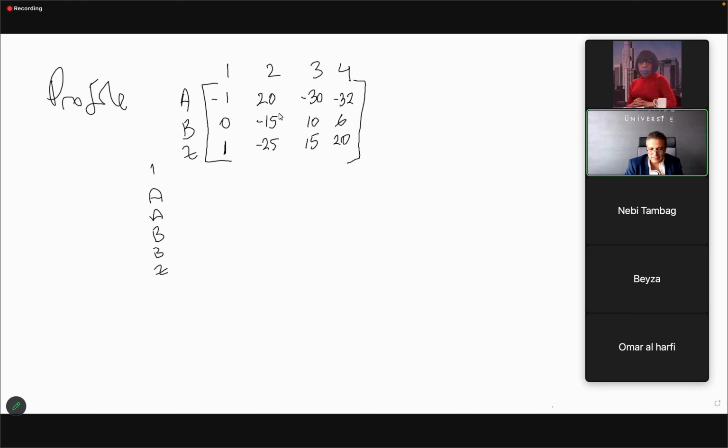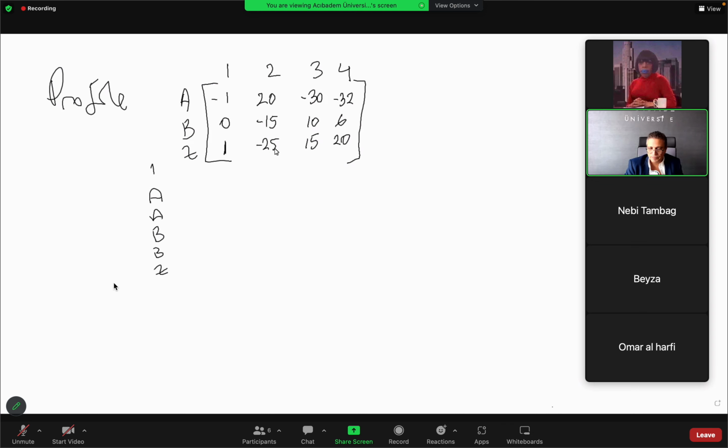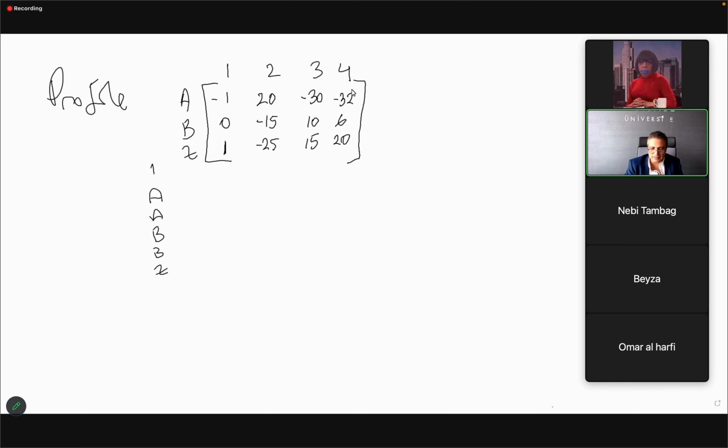But if you look at the second position, it prefers A and doesn't prefer B or Z. Third position prefers C most, but B also, because you get positive scores, but doesn't like A. And fourth position prefers Z even more, and B still has a positive score, but doesn't like A at all. So that means according to this, your profile is not important in the first position.